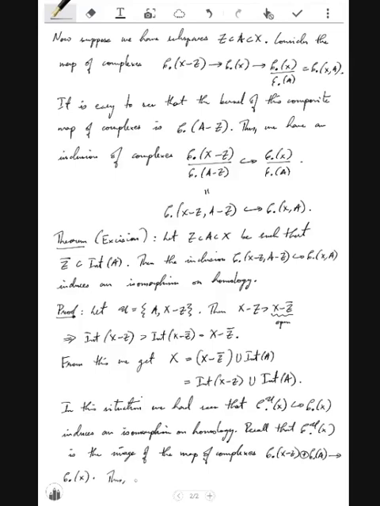Thus, from the long exact homology sequence, we get that the relative homology group is 0.